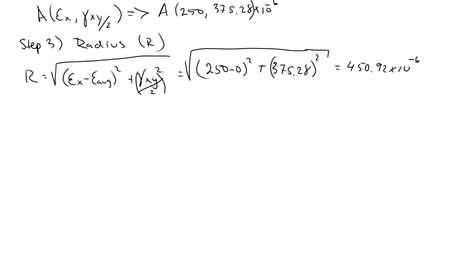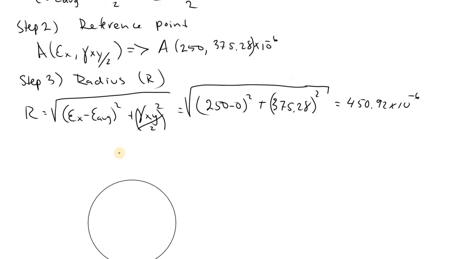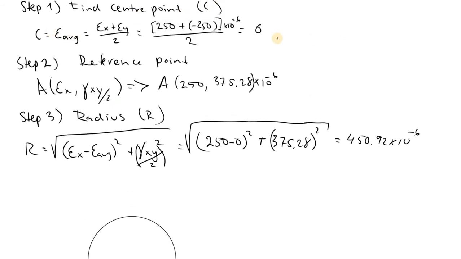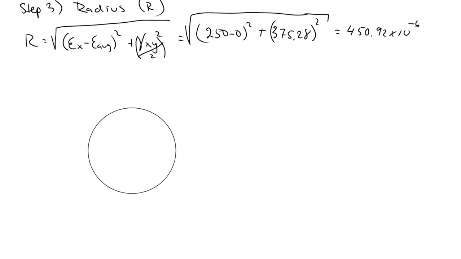Now that we have all these values, we can go ahead and construct our Mohr's circle. I'm just going to start by drawing the actual circle. The good part about knowing that our center point is at 0 is that our normal strain axis and our shear strain axis are just going to intersect at the center of the circle.